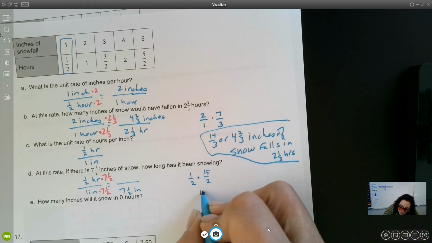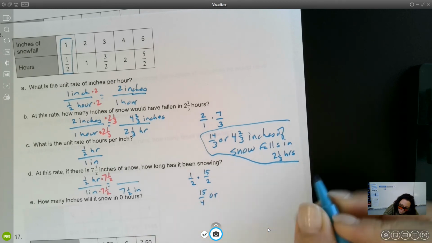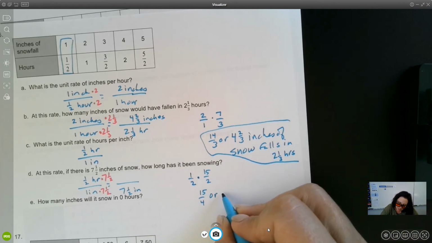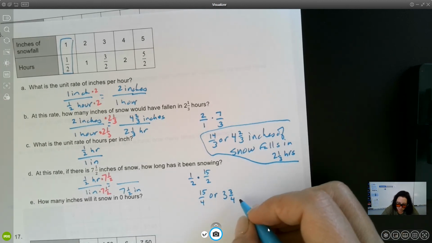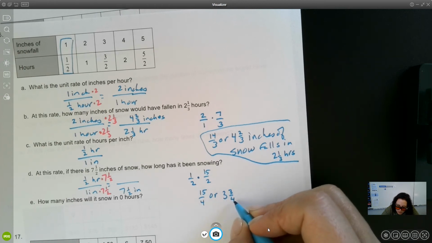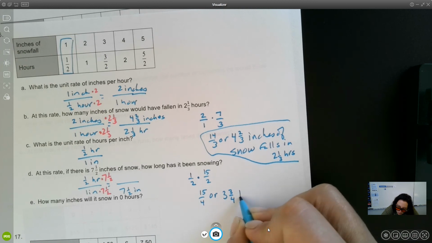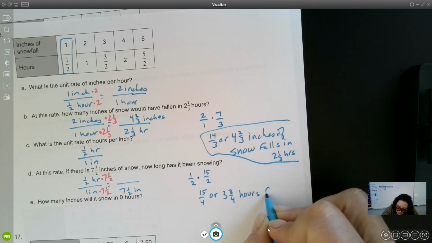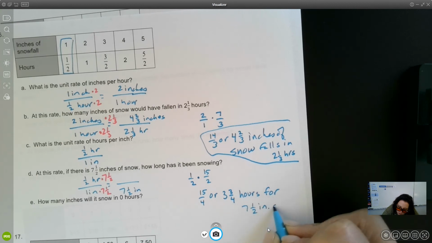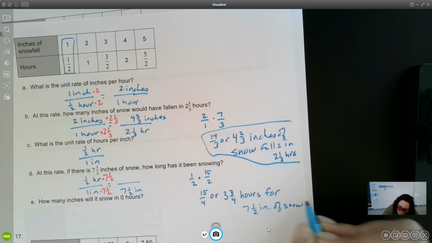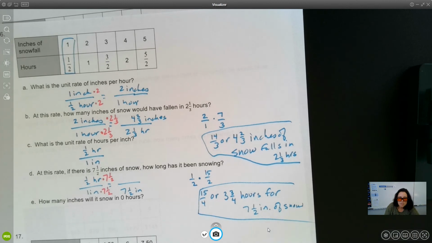That comes out to be 15 fourths, or 3 3/4. Yes. Okay, that would be 3 3/4, and then this would be hours, 3 3/4 hours for 7.5 inches of snow. This is the answer to that problem.